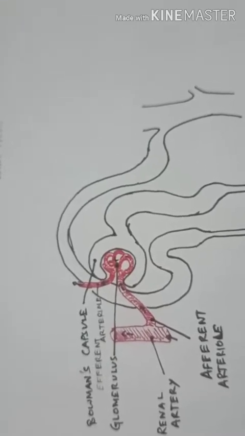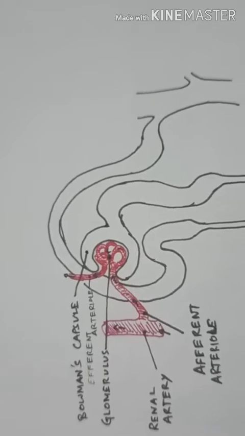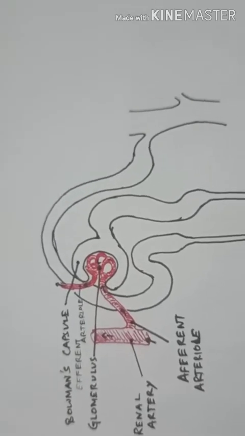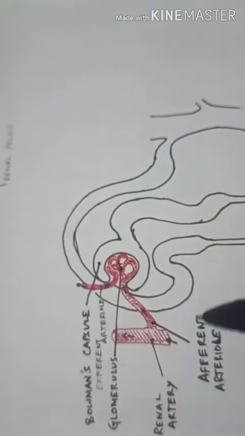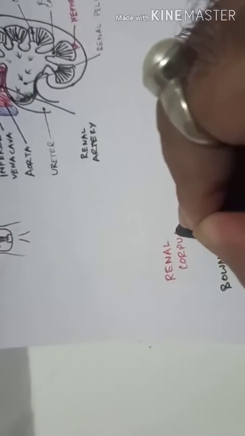So let's see if it makes the entire diagram quite dirty if I draw it simply like that. So let's first see the entire structure, then I'll cover it with the arteriole. So this portion together, this entire section, is what is known as the renal corpuscle.